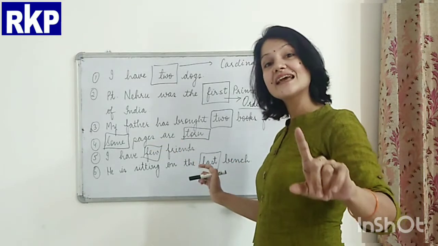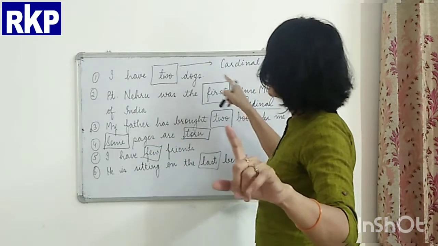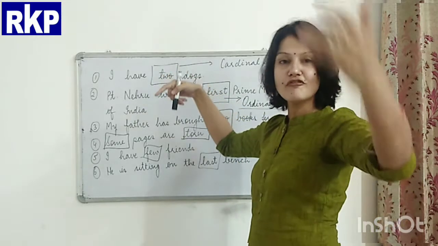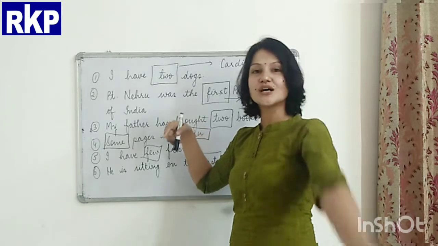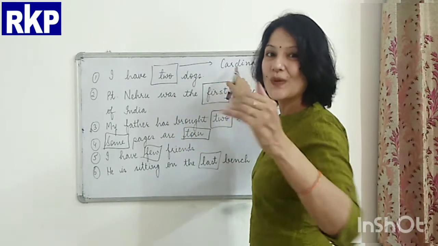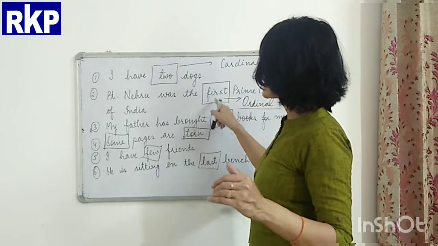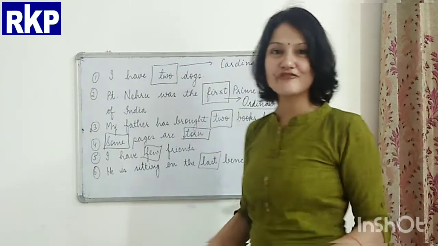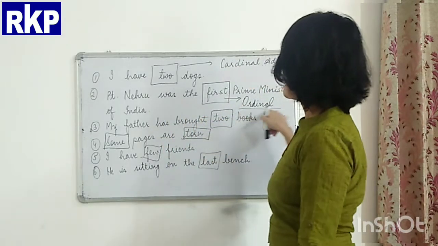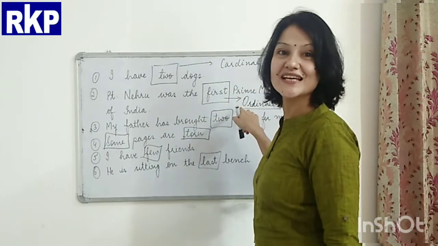And once again, I would like to remind you that the adjectives which have numbers like 2, 5, 20, 100 are called cardinal adjectives, whereas the adjectives like first, fifth, ninth, 12th are called ordinal adjectives.